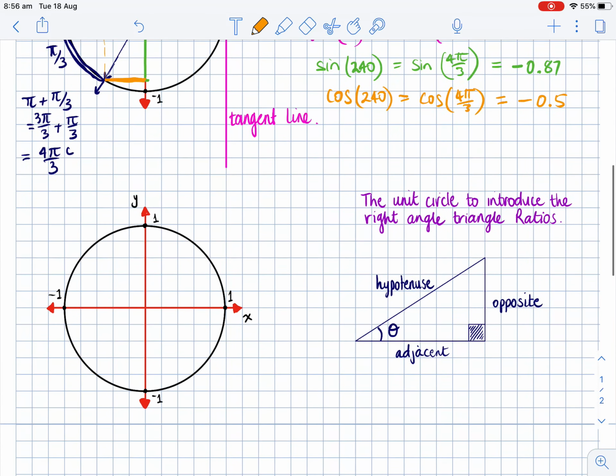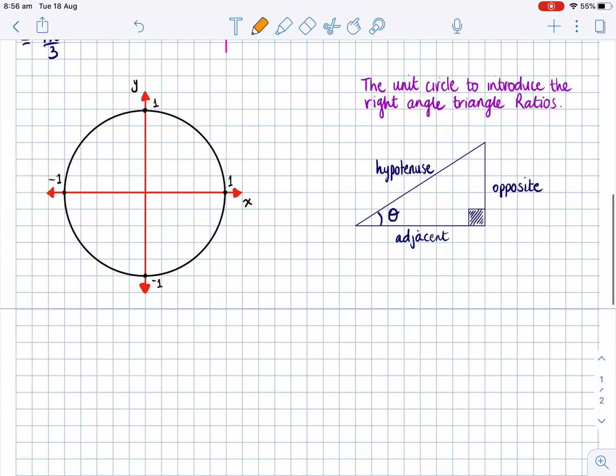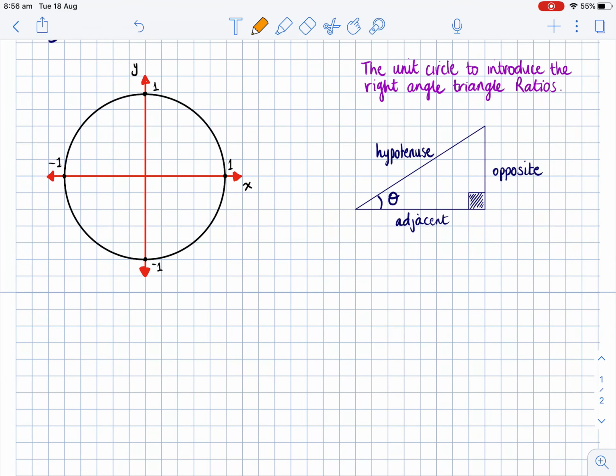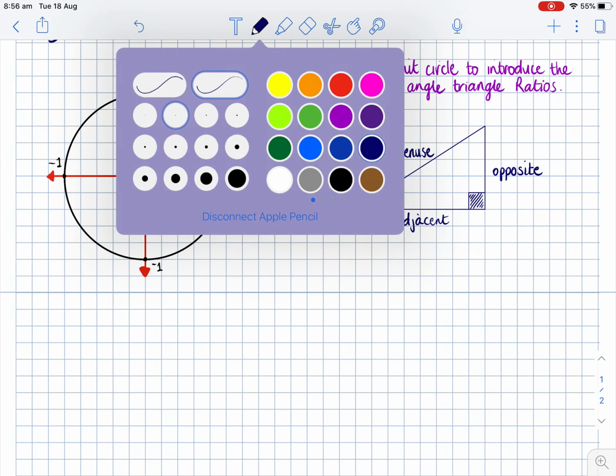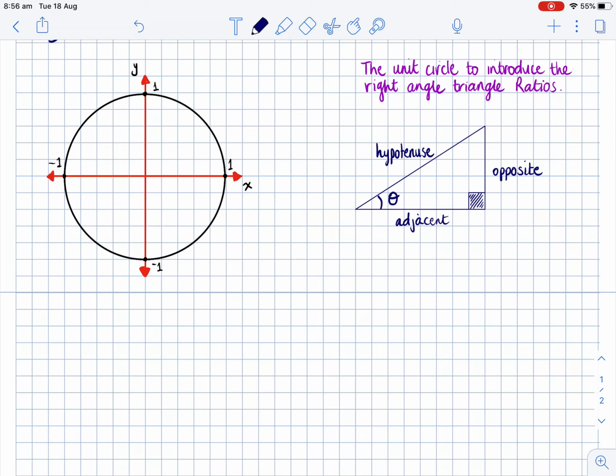Alright, this video is turning out to be a long video, so I'm going to go very quickly into the last part here. What we've just been seeing is a whole heap of triangles. And not any triangles, but when we break those triangles up into their horizontal and vertical parts, we create a whole heap of right angle triangles.